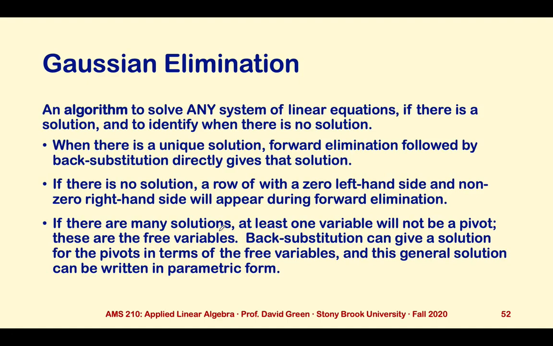It won't be the leading entry in one of the equations in the upper triangular form. We don't stop. We still apply back substitution, giving a solution for the pivots in terms of the free variables. We can write that then as a general solution in parametric form.